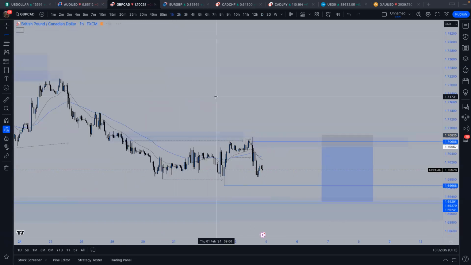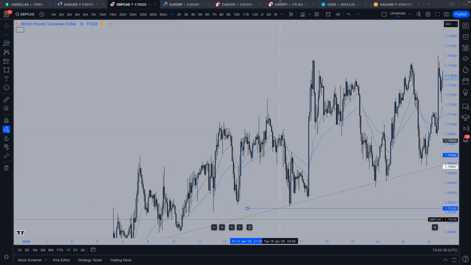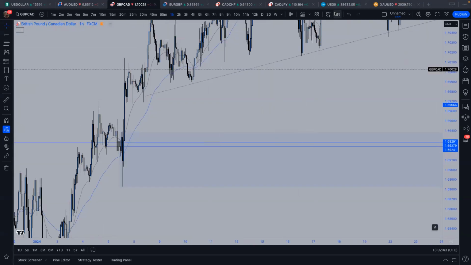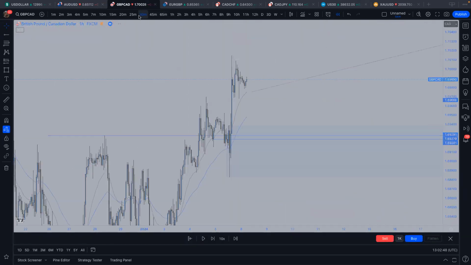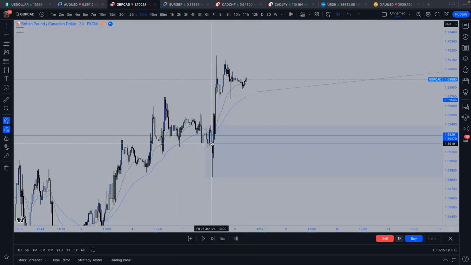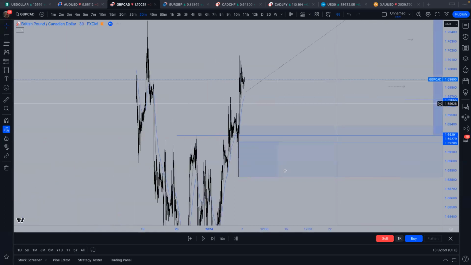What we can do now is we can break down this area. 30-minute, just cut it in half. Cool. So we have a really nice 30-minute zone in here. I was maybe looking for longs in here.